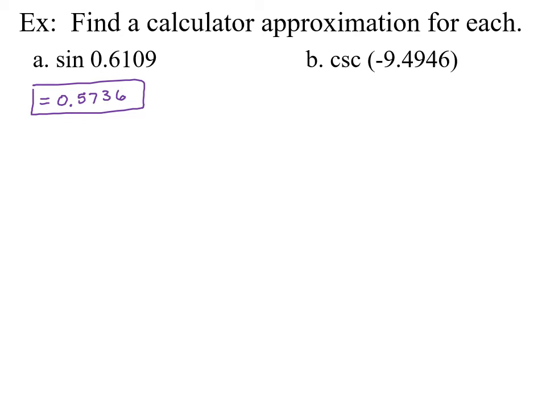But like we've discussed before, I don't have a cosecant or a secant button on my calculator. So I'm going to do that with a reciprocal. And cosecant, if you flip that over, you get sine. So this is 1 divided by sine of -9.4946. And again, we're just going to go to the calculator and type it in. 1 divided by sine of 9.4946.